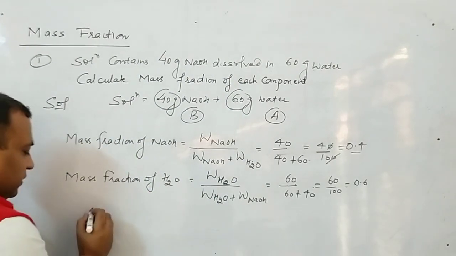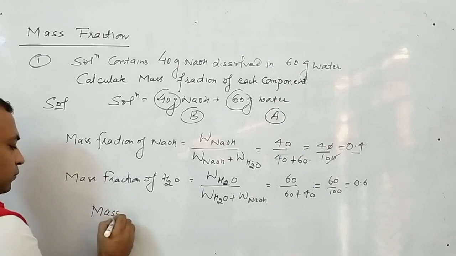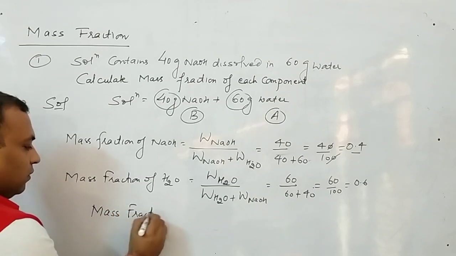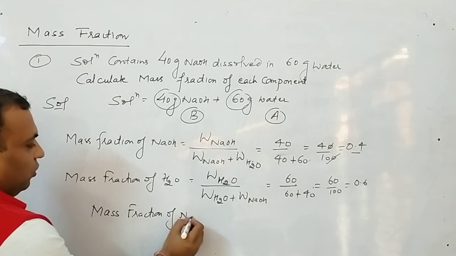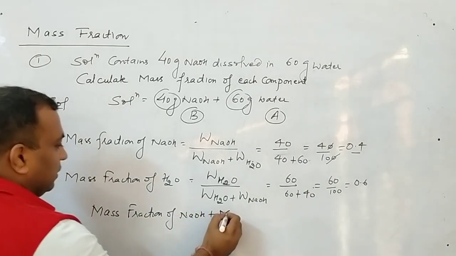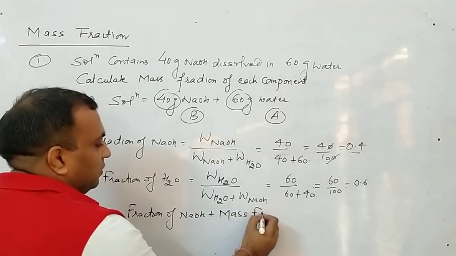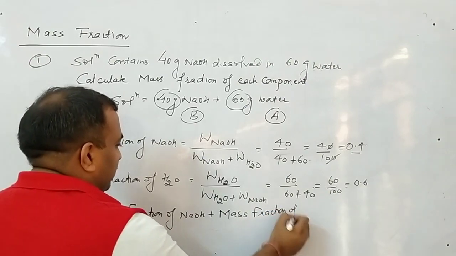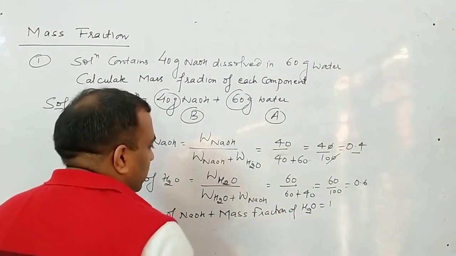We know that mass fraction of NaOH plus mass fraction of water is 1. Clear?